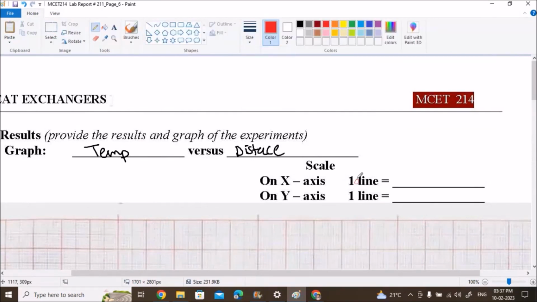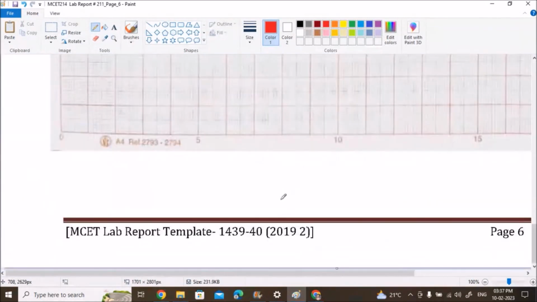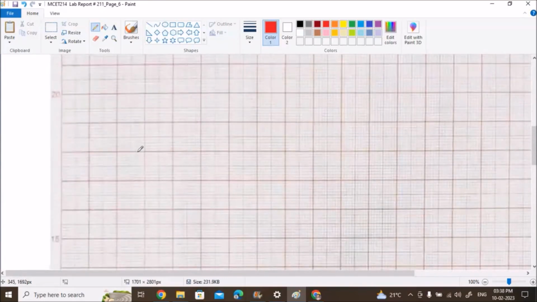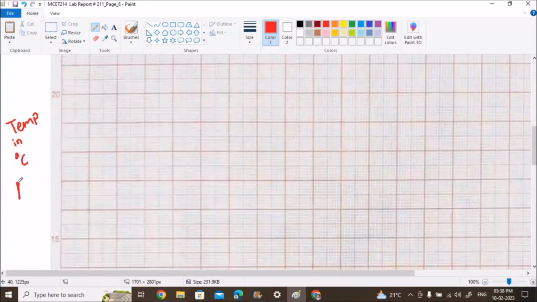We'll choose on the x-axis 10 lines equal to 0.01 meter of the length of the slab, and on the y-axis 10 lines equal to 5 degrees centigrade. Here we will mark distance in meter on the x-axis with an arrow, and temperature in degree centigrade on the y-axis.